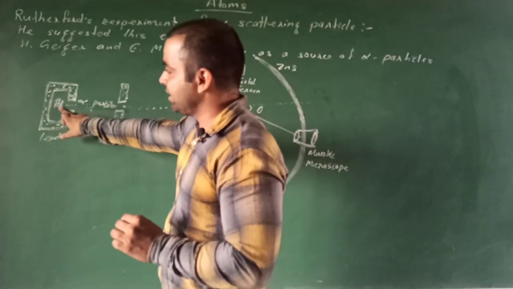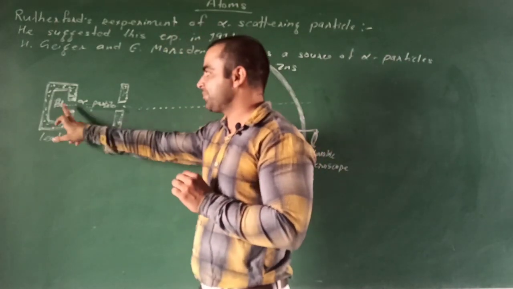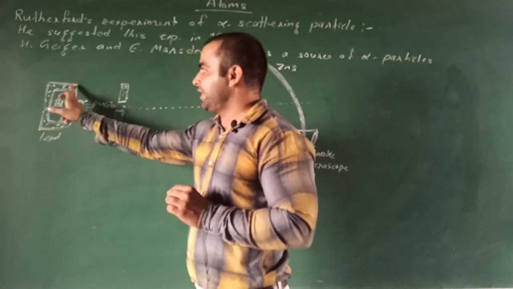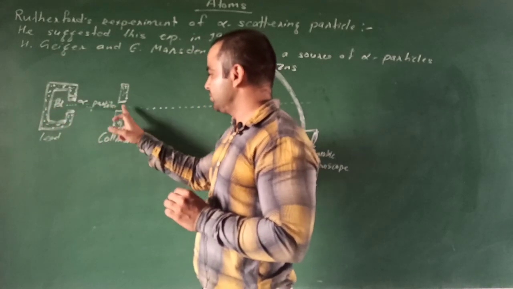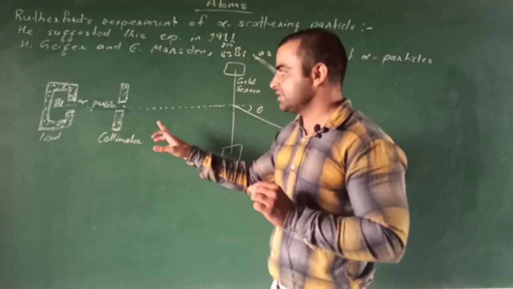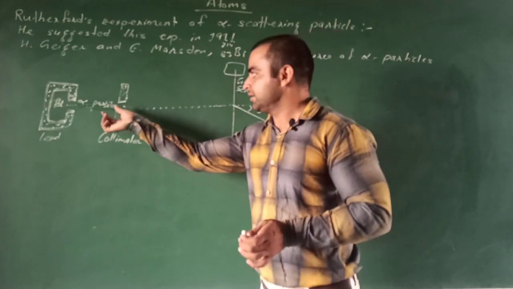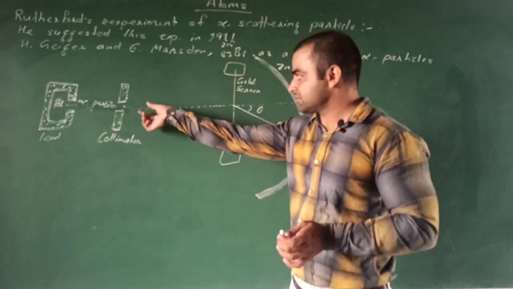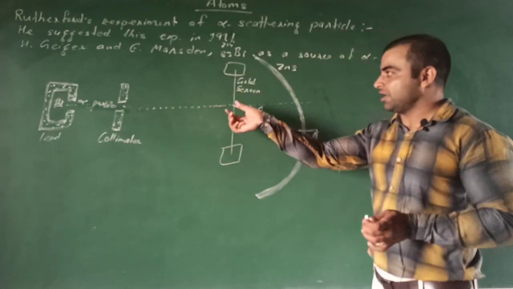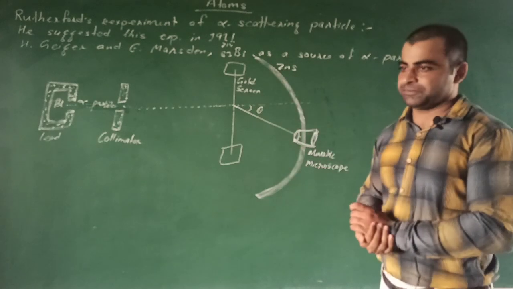Bismuth is taken as the source of alpha particles, and this is the lead chamber. This collimator is also made of lead to absorb the alpha particles, and only the alpha particles coming in a straight line are allowed to fall on the gold screen.